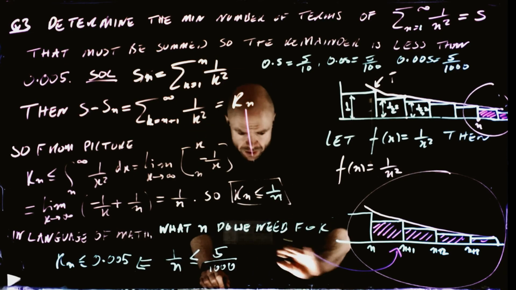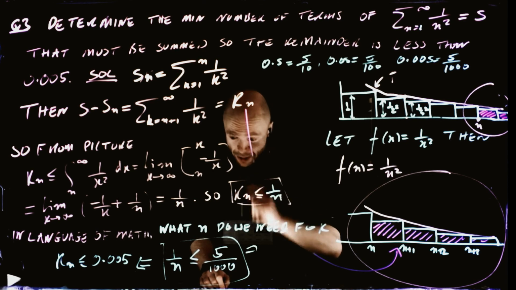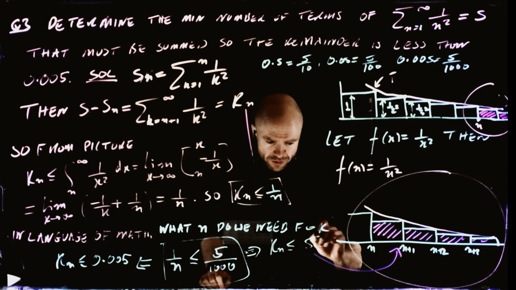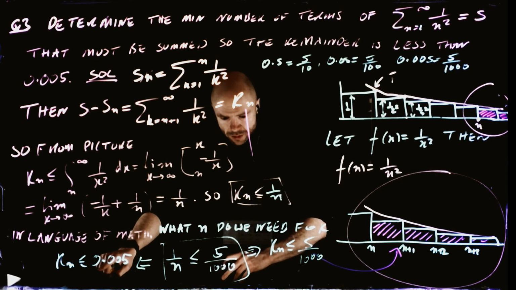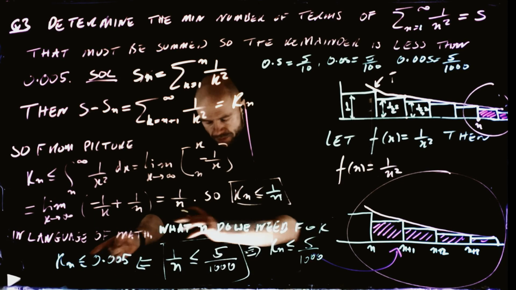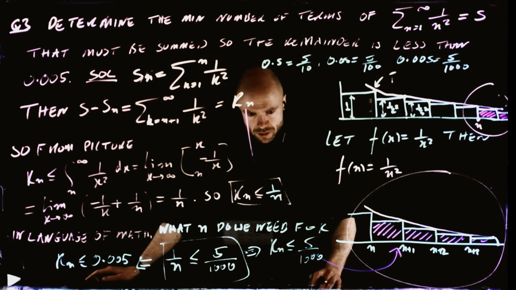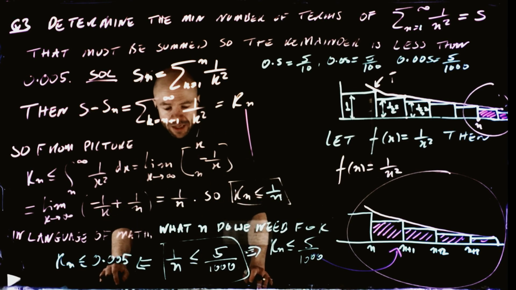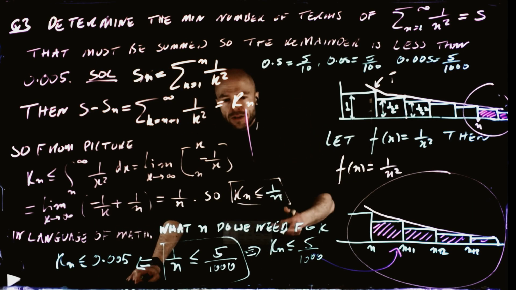If we find n such that this is true, then by this fact, this implies that Rn is less than 5 over 1,000, which is exactly what we want. If it was greater than, that's easy to satisfy. If 1 over n is bigger than 0.005, then we can take n to be 1. That's true, and clearly not the right answer.